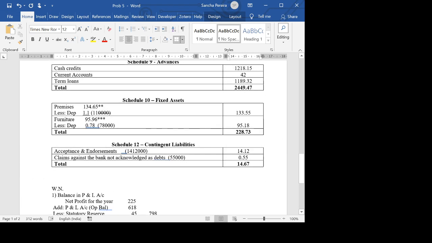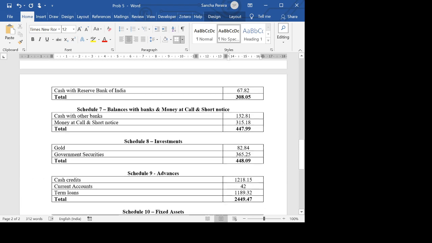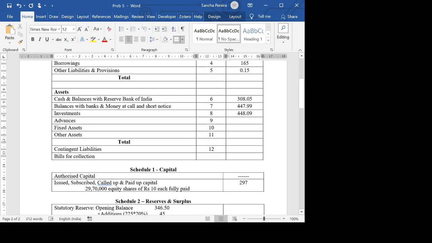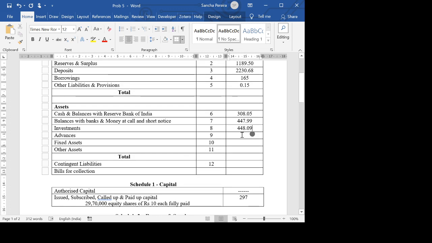Advances schedule 9 is 2449.47. Then you have schedule 10, which is 228.73. Other assets we don't have, but I said we still have to write it, so put it as nil or put it as a dash. I think nil is better.